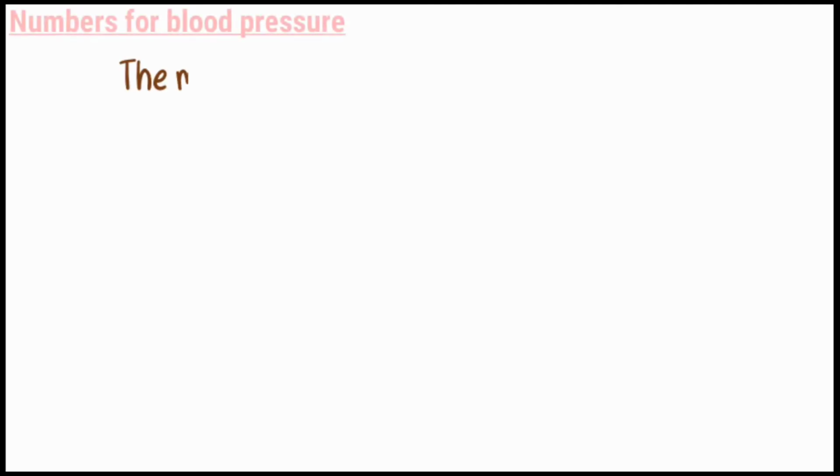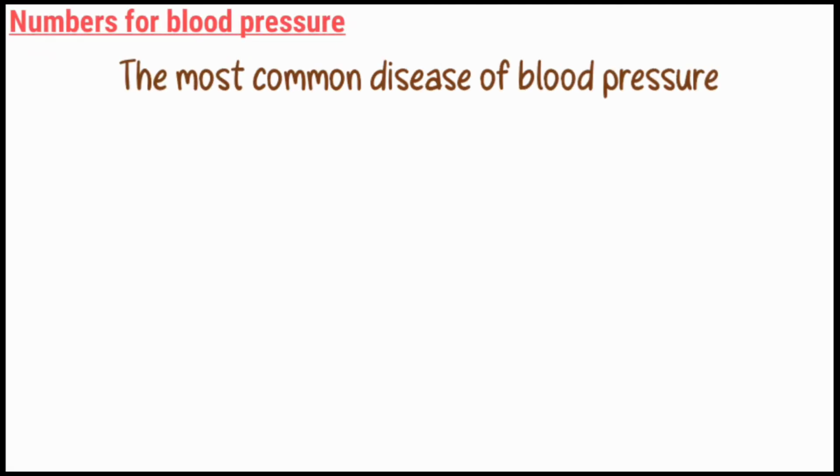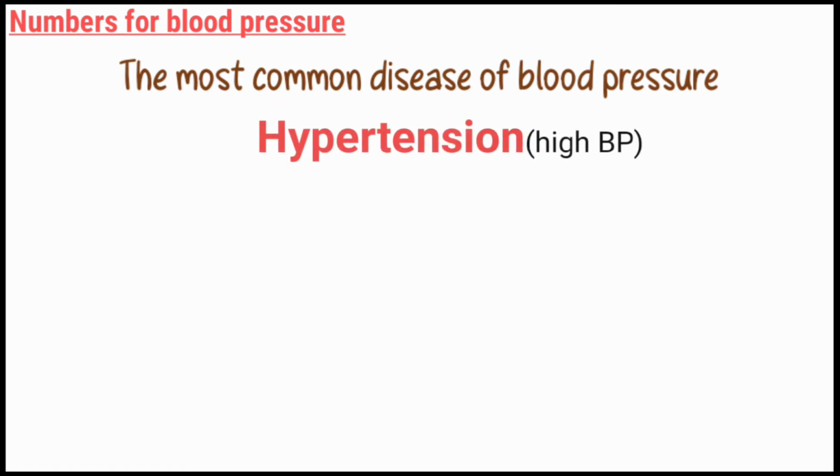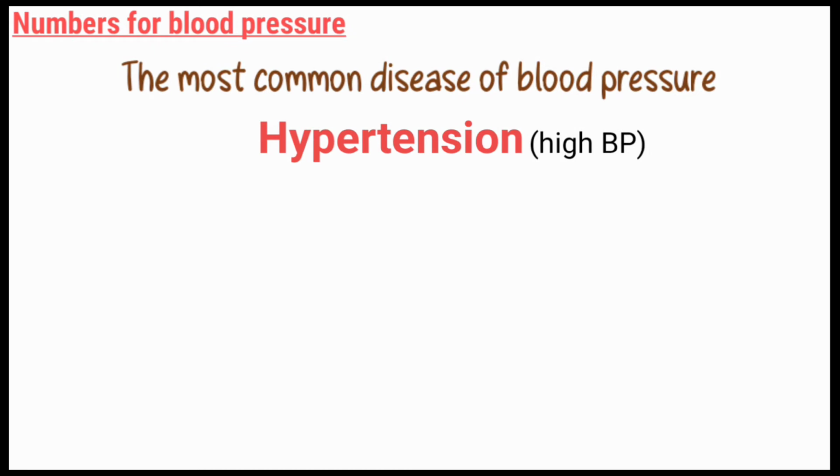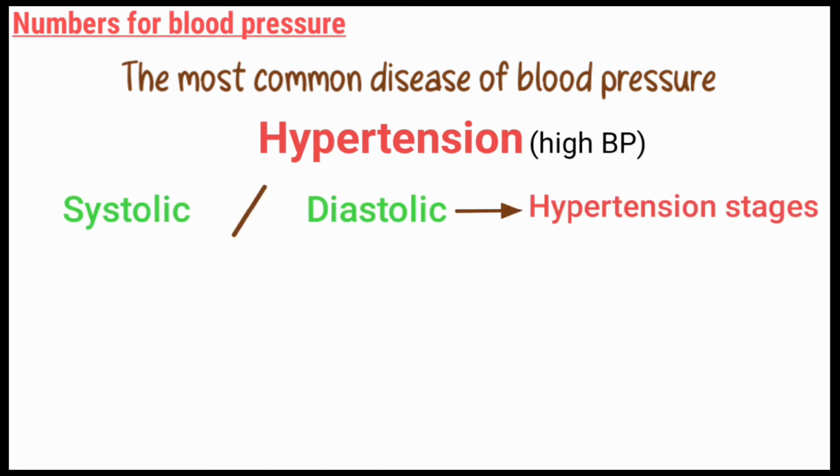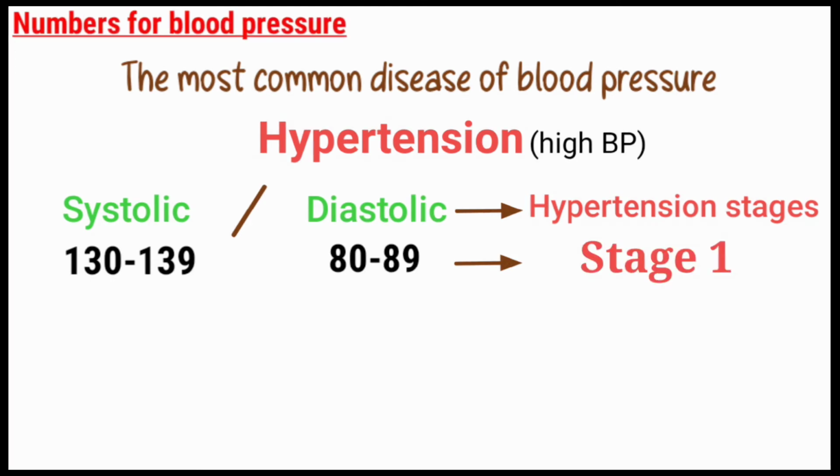Okay. The most common disease of blood pressure is hypertension, or high blood pressure, which can be diagnosed by your BP levels. A systolic pressure of 130 to 139 mm mercury and a diastolic pressure of 80 to 89 mm mercury indicate stage 1 hypertension.